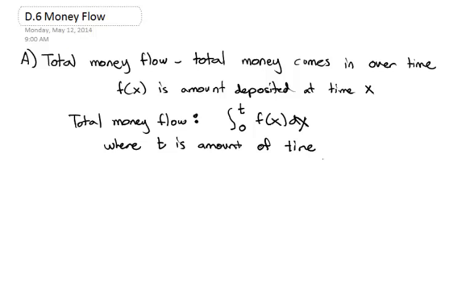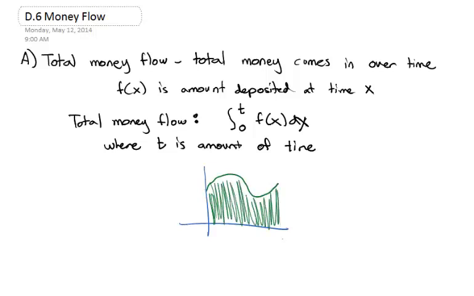Basically, we want the area underneath the function. So the height of the function is going to represent the amount of money that comes in. So the area underneath is the total amount of money that's come in between time 0 and time t. And that's what we're integrating. We're finding that total amount of money that's come in over time.